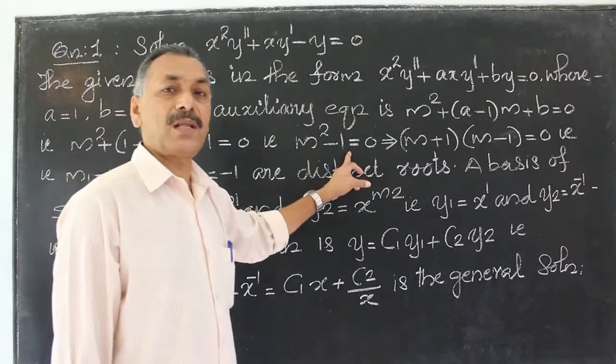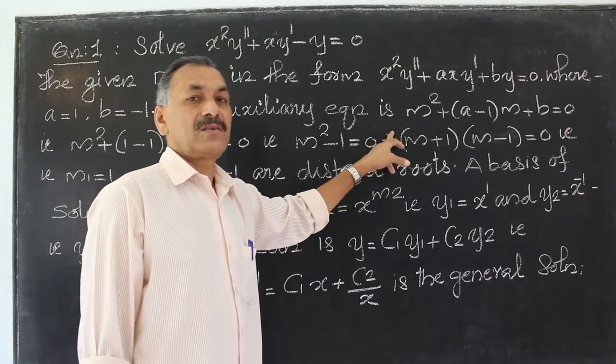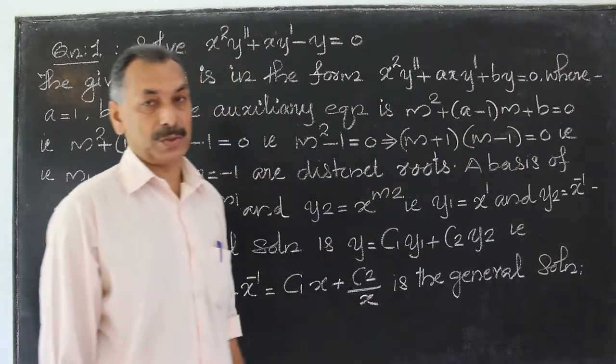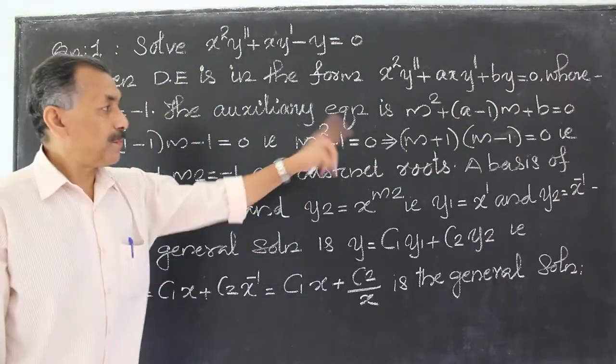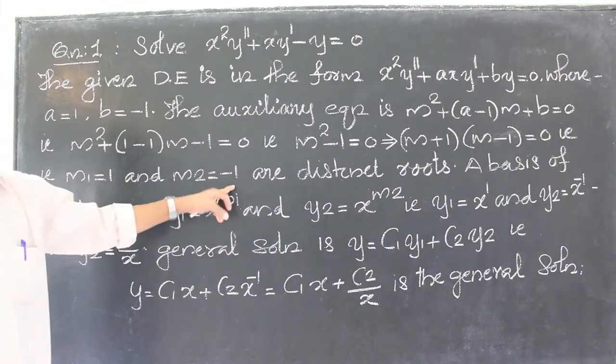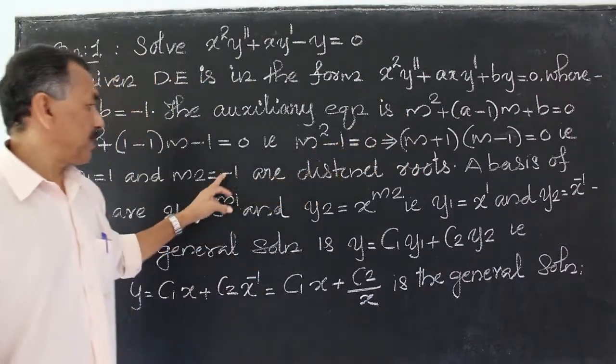We can also factorize m square minus 1, which is in the form a plus b into a minus b. That is (m plus 1) into (m minus 1) is equal to 0. If m plus 1 is equal to 0, then m is equal to minus 1.